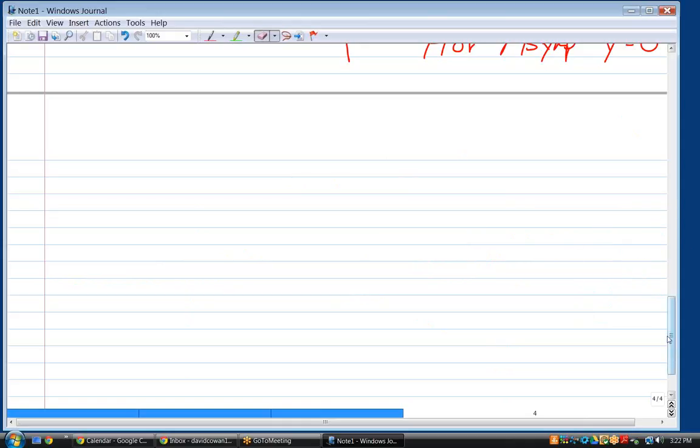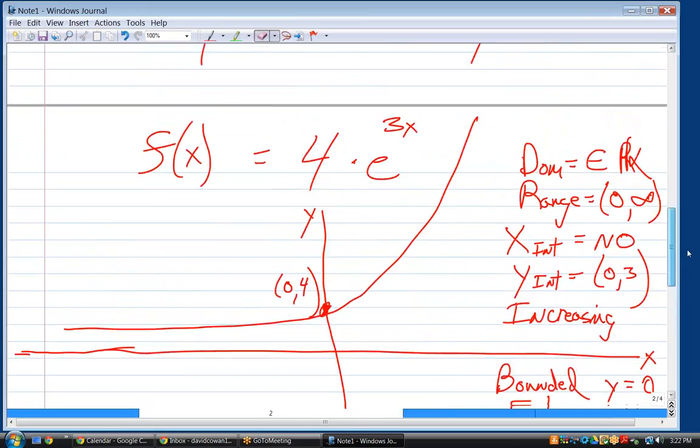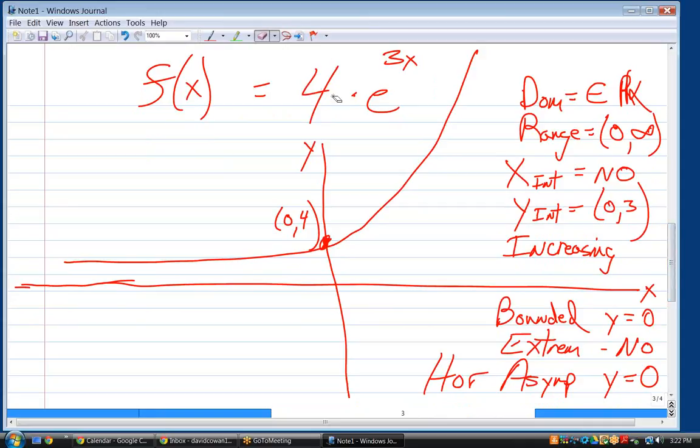Now, if you have a multiplier in front, like we have a 4, then it doesn't go through (0, 1), it goes through (0, 4). What's the domain of this function? Negative infinity to infinity. Okay, what's the range? 0 to infinity. X-intercepts? None.